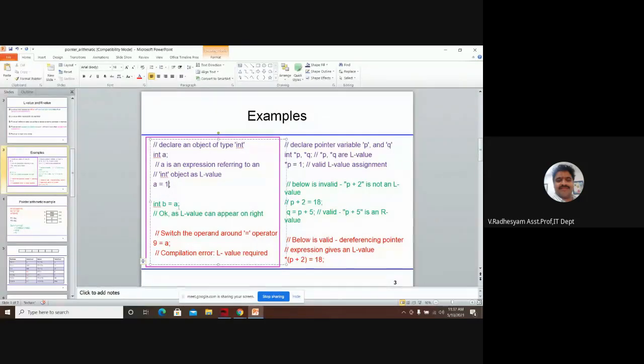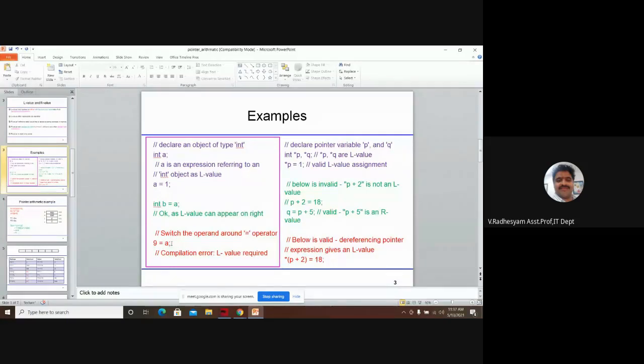And if you do like this, int b is equal to a, that means store a's value in b. That means a may appear on the right side also.